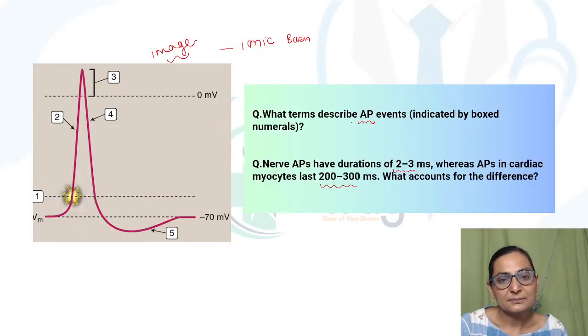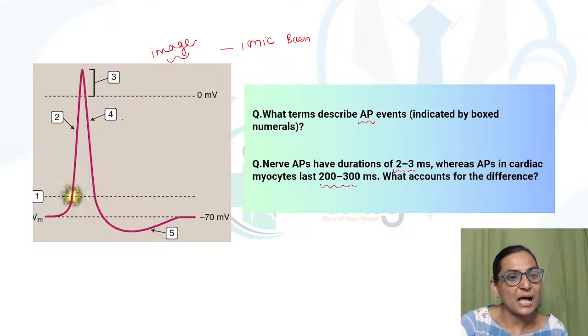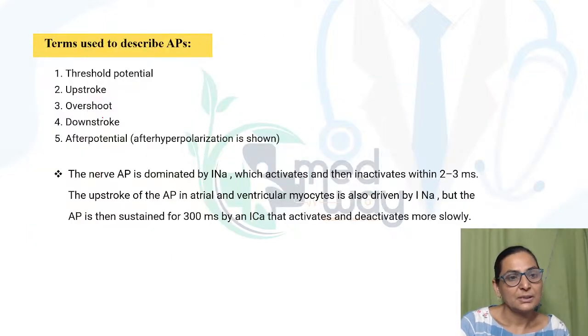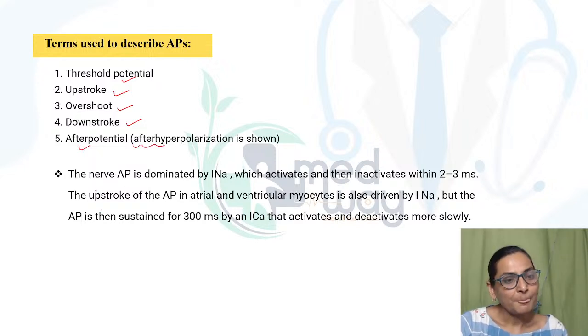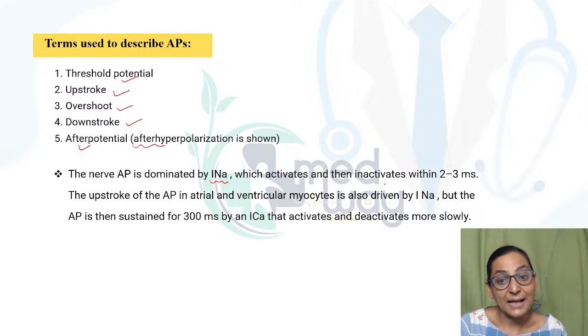What are these boxes showing? All that we covered: the threshold potential, the upstroke, the overshoot, the downstroke, and the after potential or after hyperpolarization.